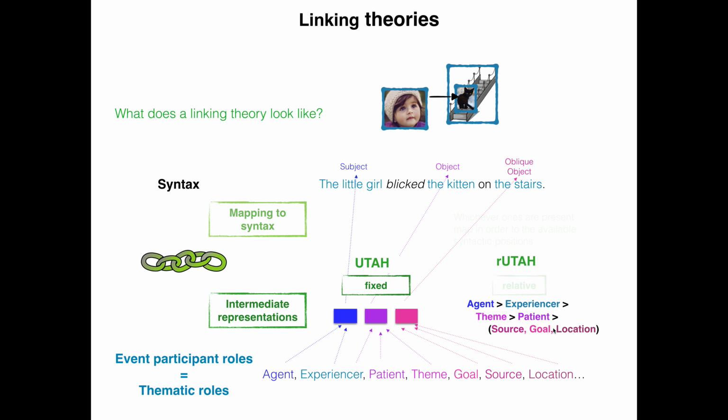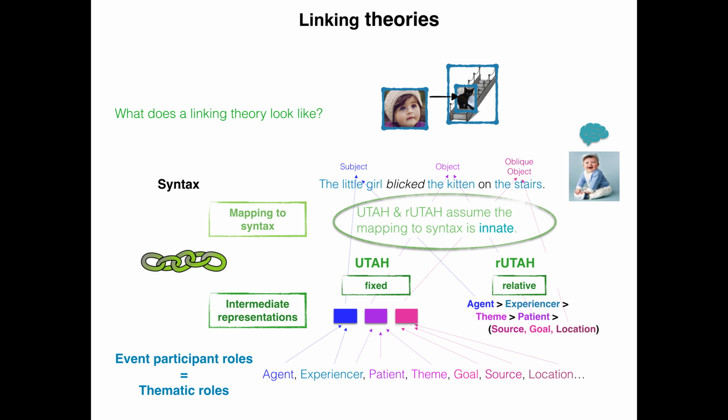And so that's your intermediate representation. And whichever ones are present map in order to the available syntactic positions. So if you have an agent and a patient and a location present, as we have here, those are going to map to subject, to object, and to oblique object in that order.